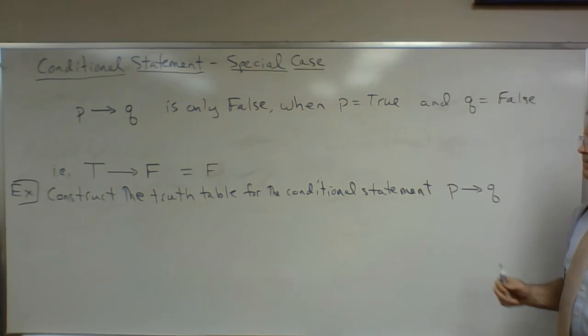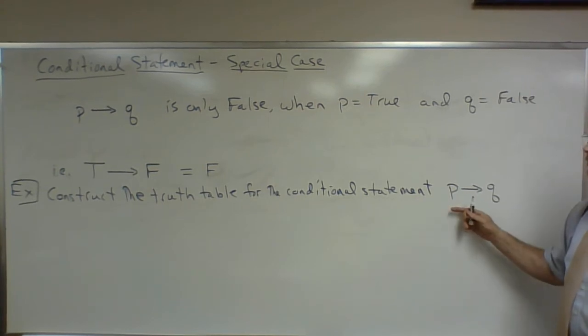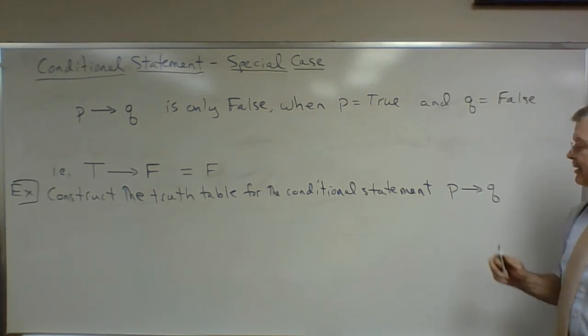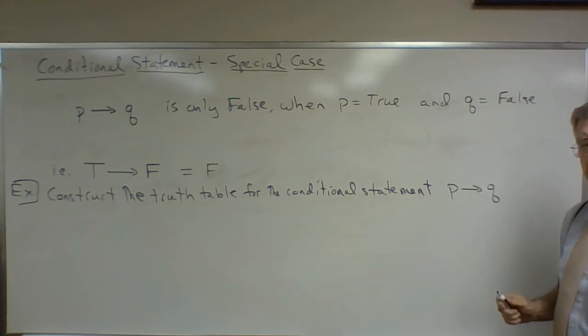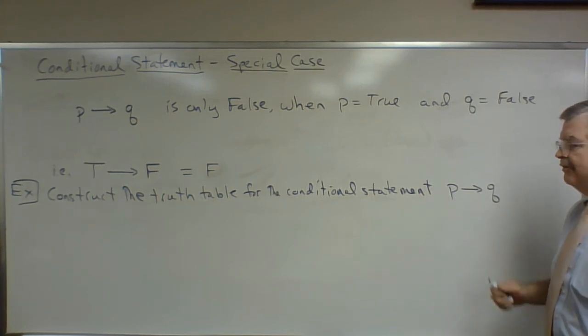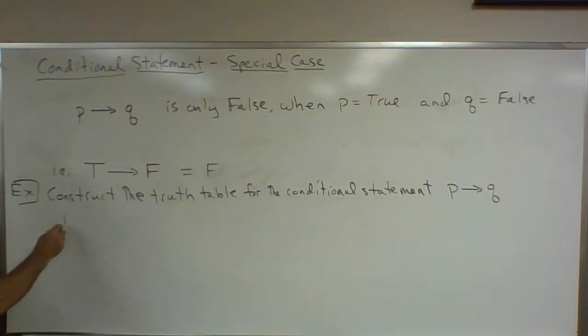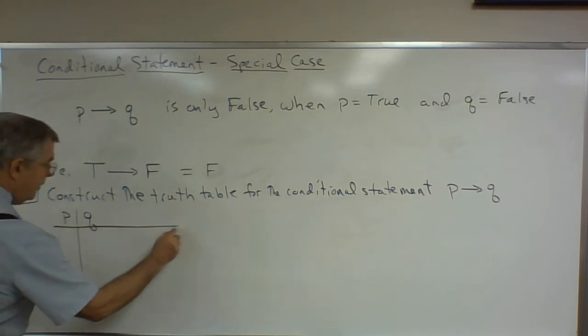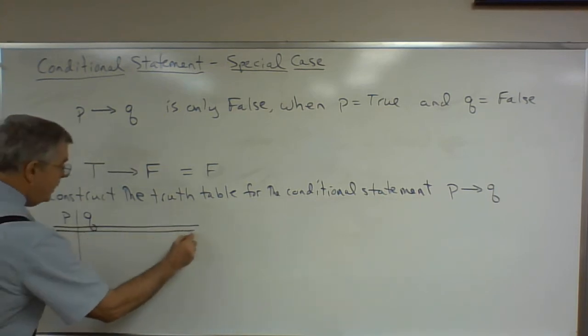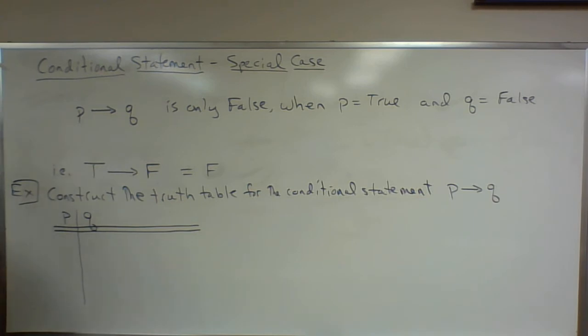Here's our assignment. Construct the truth table for the conditional statement P implies Q, or if P, then Q. So we have two statements, P and Q. And we might remember that when we have two simple statements, P and Q, there are four possible combinations of truth values for the two statements.